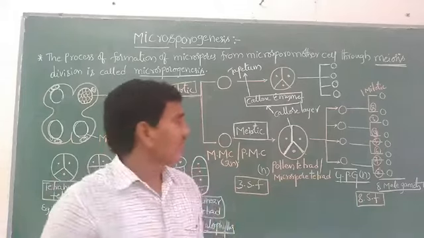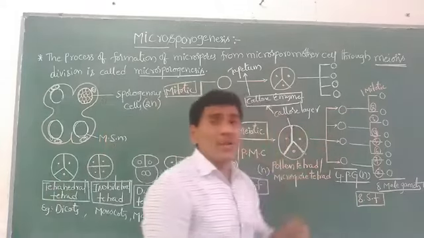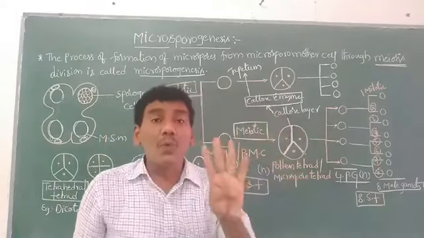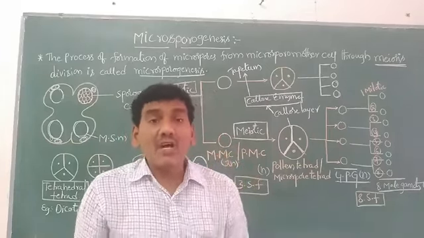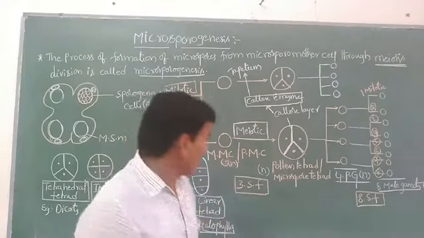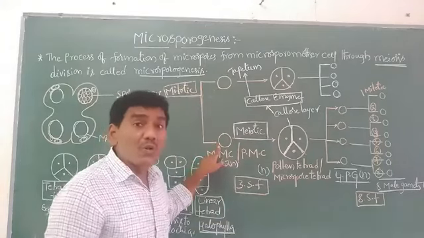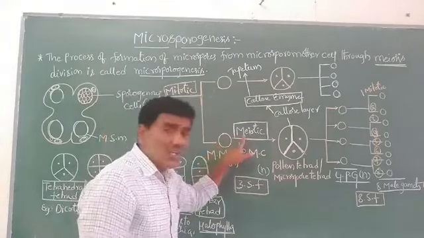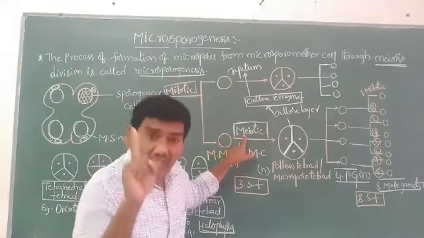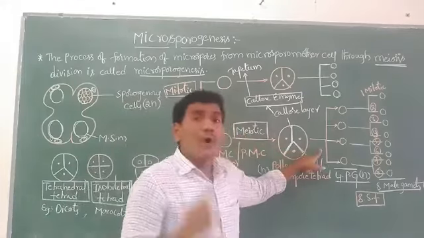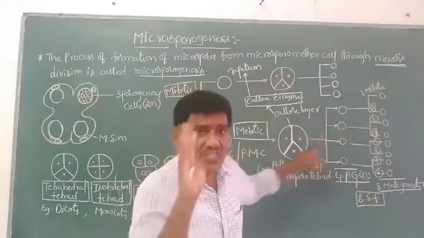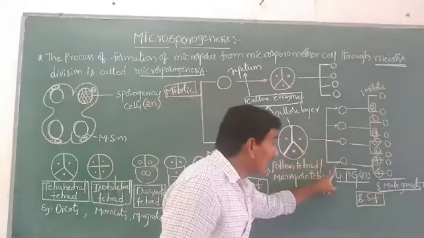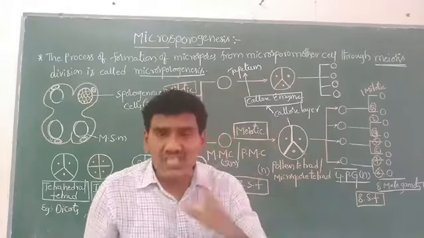Totally, how many pollen grains are formed? Four pollen grains are formed. One more name for the pollen grain is microspore. The microspore mother cell undergoes one meiotic division to form four pollen grains, or four microspores. The ploidy of the pollen grain is haploid.